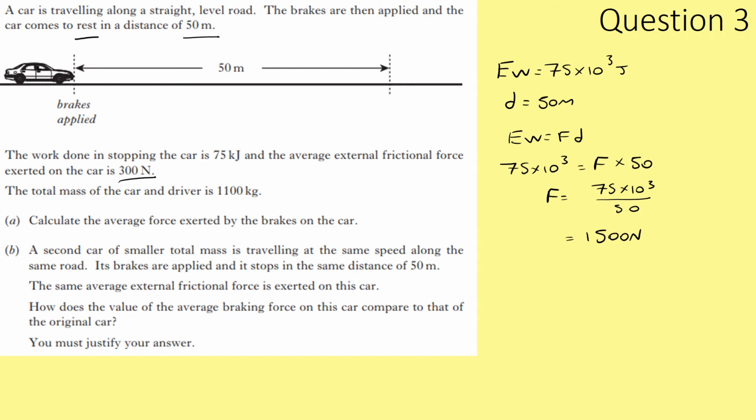So the force from the brakes is going to be equal to the total force take away the force from the friction. So that's 1500 take away 300 newtons coming from the friction gives us 1200 newtons.